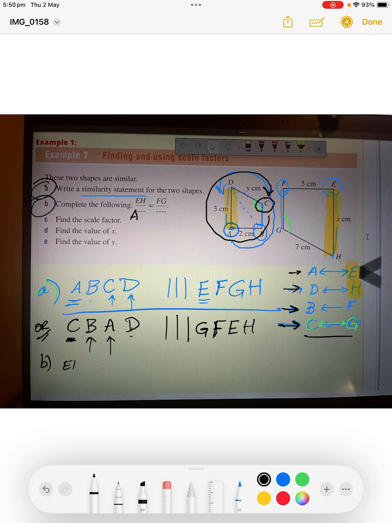So EH over A, and H goes with point D. So you've got to put a D underneath there because H matches with D. Now, our second ratio, F to G must be B to C. So FG on top, BC matches FG. And I'll just put this green highlight FG.